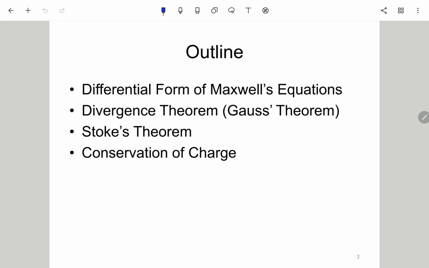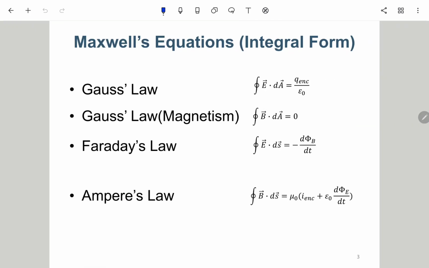The answer is no, because up to this stage, the Ampere-Maxwell law has two terms on the right side, and it is consistent with the conservation of charge. If we add more terms, then it will violate the conservation of charge. So this is some mathematics behind it.